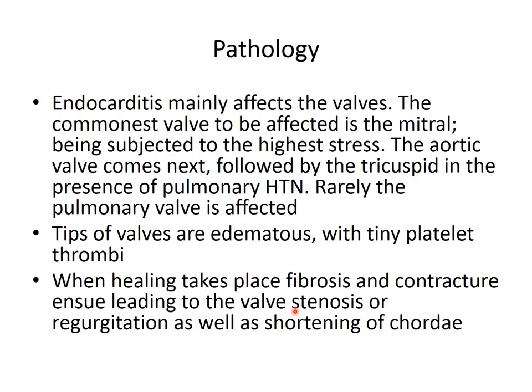It is inflamed, but it does not lead to much problems in the future, because pulmonary stenosis is usually congenital. The tips of the valves are edematous with tiny platelet thrombi, and when healing takes place, fibrosis and contracture ensue, leading to valve stenosis or regurgitation, as well as shortening of the chordae in cases of the mitral valve.